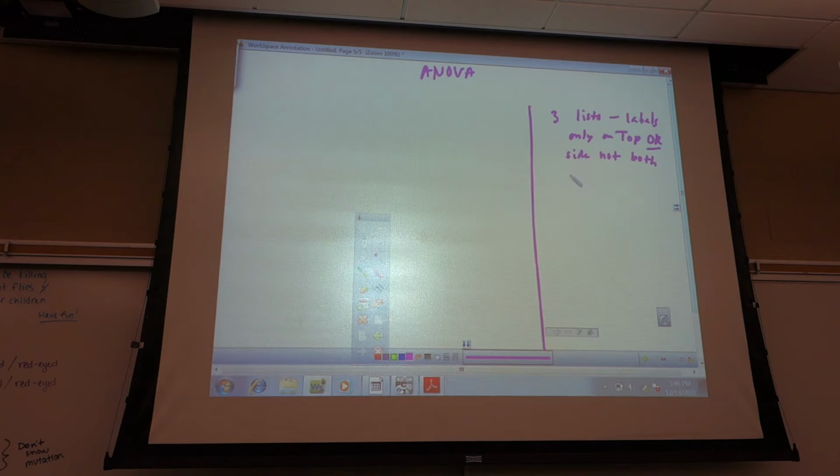So it'll be like label, label, label, and then data. Right? Could be equal, might not be equal. But there's nothing here. Does that sort of make sense? Okay, good.